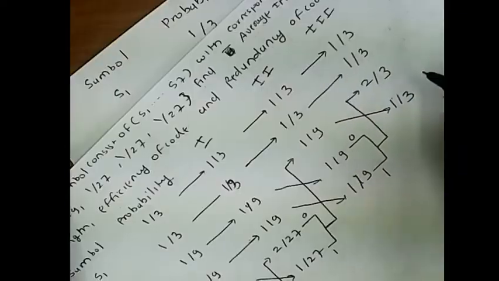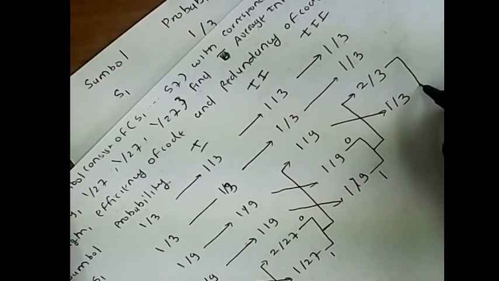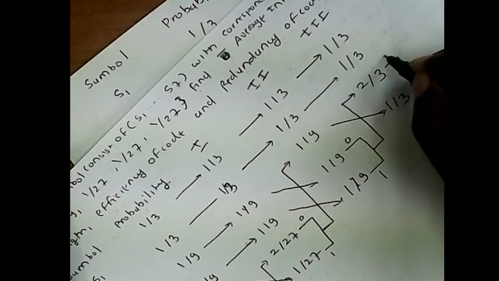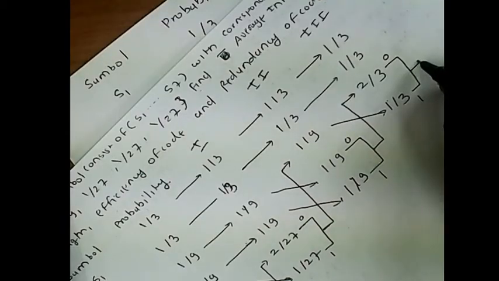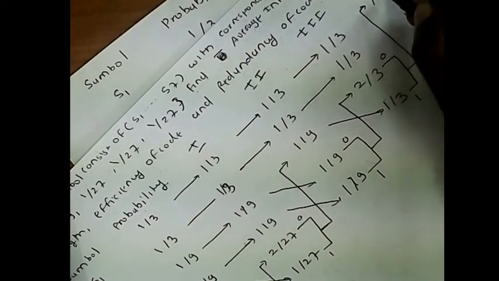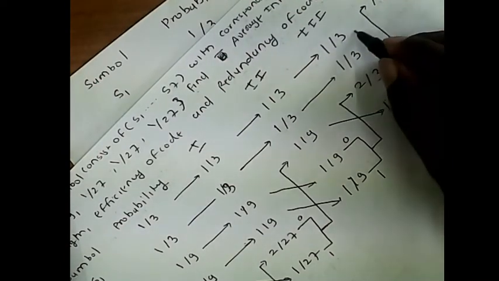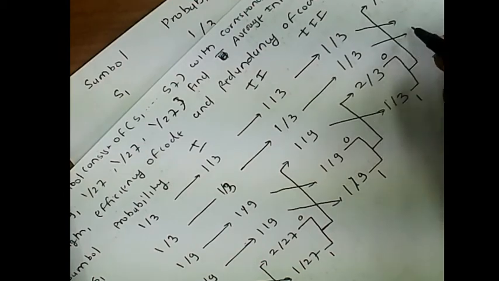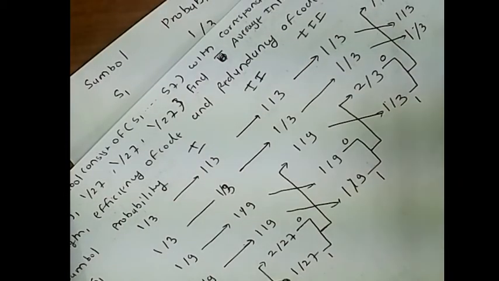Then again combine these two lower probabilities, give 0 and 1, and place it as high as possible, that is 1/3, 1/3, 1/3.